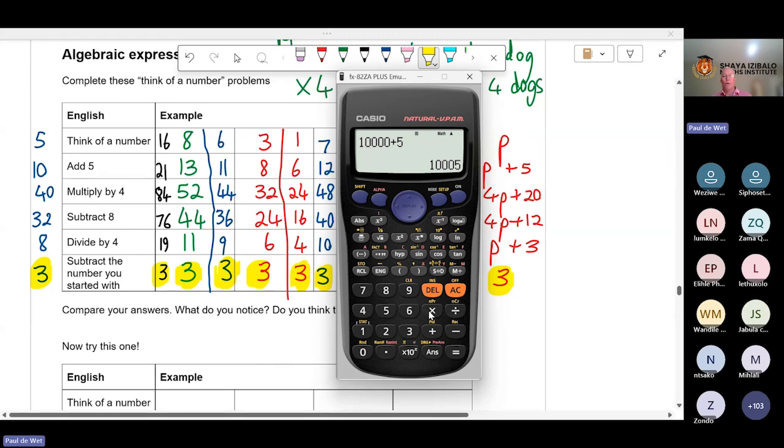Let's multiply by 4, 40,020. Let's subtract 8, 40,012. Let's divide by 4, 10,003. And let's subtract the number that we started with, which was 10,000. There we go, 3. Okay. All right.